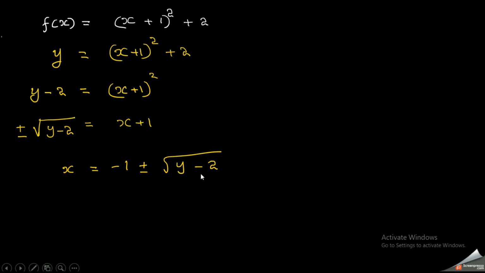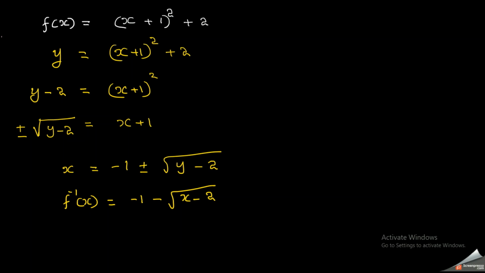Earlier I told you to remember it. So now all these f inverse x values should be less than or equal to minus 1. If you take plus here, it will not be less than minus 1. So therefore we choose minus here, because our f inverse x should be less than or equal to minus 1.